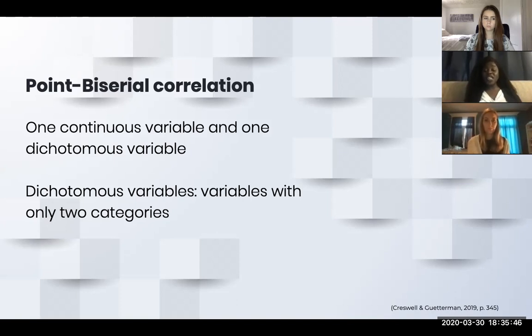So your continuous variable will be cholesterol concentration because it can have any numeric value. And your dichotomous variable will be your smoking status, which can be either smoker or non-smoker. In that situation, we'll use point biserial correlation. Now, the statistical methods of analyzing all of these things are beyond this course, so this is just a brief overview of what they are.